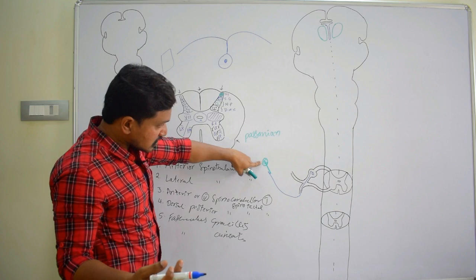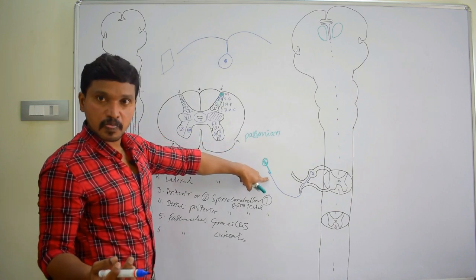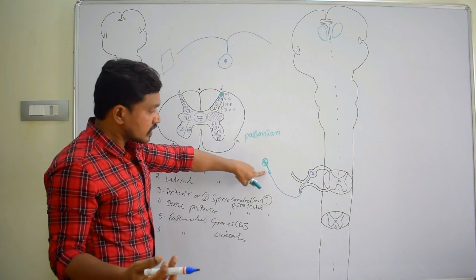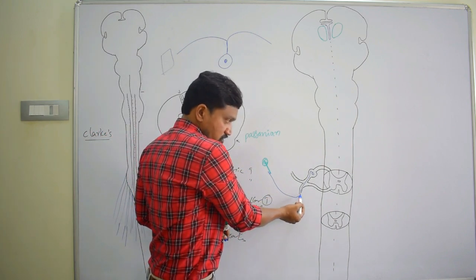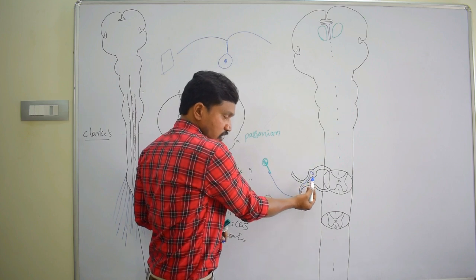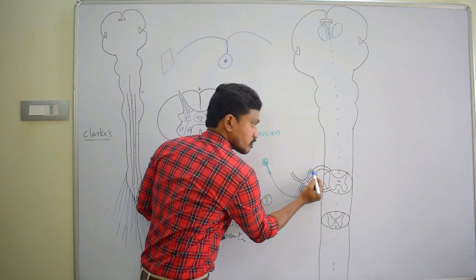This pressure sensation will be converted into electrical stimulation by these receptors, and the same impulses will pass through the peripheral process of pseudo unipolar cells which are present in the dorsal root ganglion. Then from here the central process will arise.